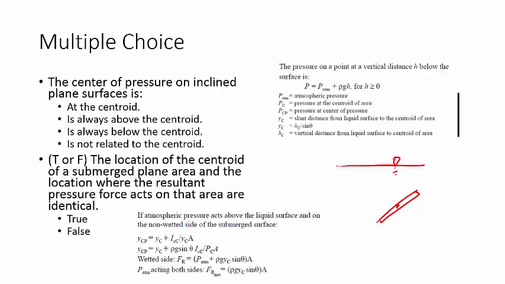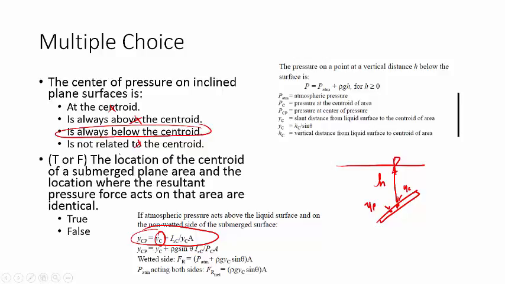And we calculate the average pressure at that, but the center of pressure, so this would be yc, but the center of pressure would be lower. And you can see this expression, the center of pressure would be the centroid plus something else. So it'll always be below the centroid, not above the centroid. It is never above the centroid, is not at the centroid, is related to the centroid, so it will always be below the centroid.